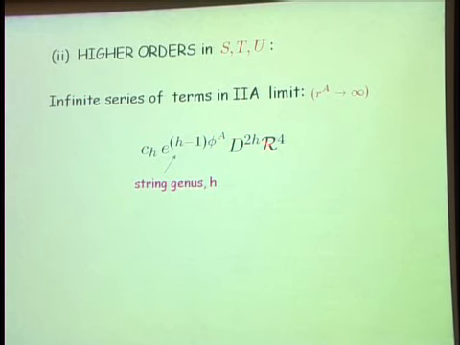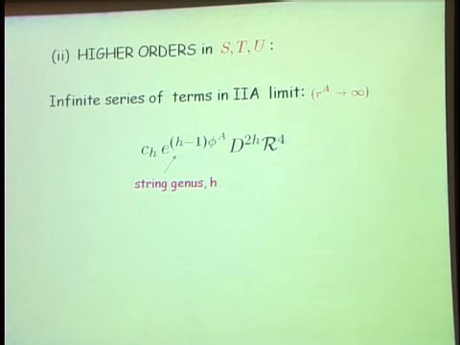In the 2b limit, these don't look so nice, but in the 2a limit, it gives an infinite series of terms with powers of derivatives that are correlated with the genus, with the power of e to the phi. So these are terms of genus a half of the power of the derivatives, and they go on forever with coefficients that I haven't written down.